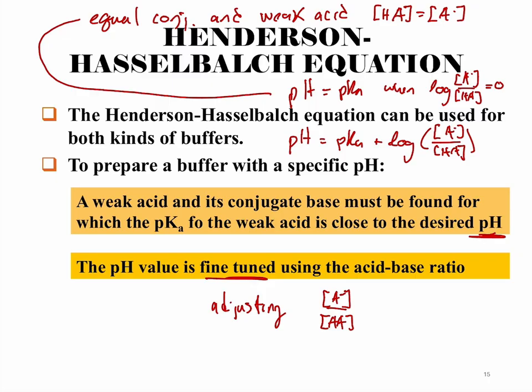If we start with a pH of, let's say, 4 and want to increase it to 5, how are you going to adjust the acid-base ratio to increase the pH of your solution? Give you guys a second to think.